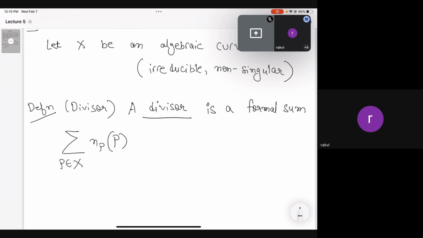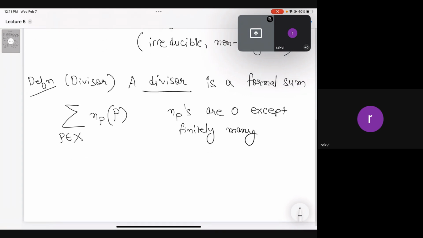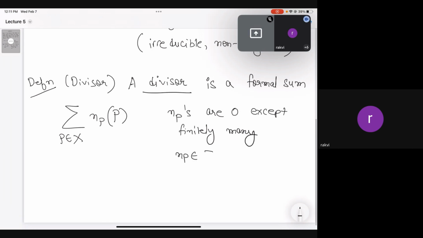So these n_P are zero except for finitely many of them. And these are integer combinations, so the coefficients n_P are integers.